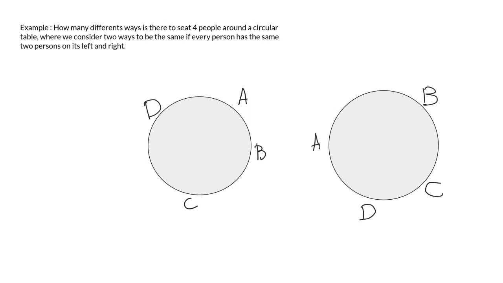Because everyone has the same two persons around on its left and right. I just started with A and just went through the same order around here to draw these people. All right, now let's count how many different such seatings exist, where we say different when like these two, we count the same. We say different when this is different.